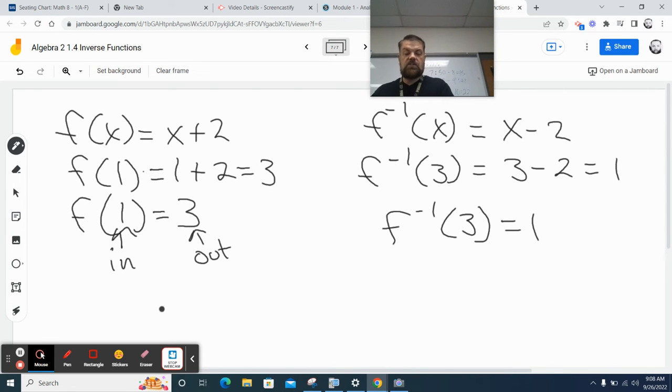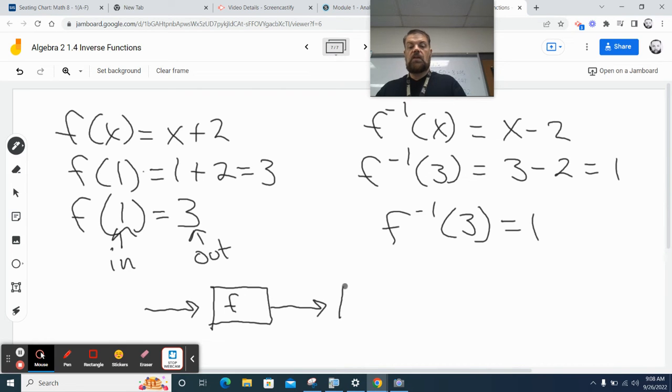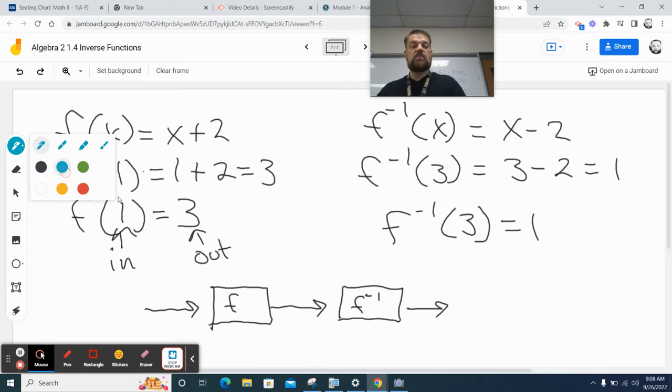If I write this in terms of a function as a machine, and then I process it through the inverse, I get 1. Let's put some numbers in here. 1 is my input. 3 is my output.